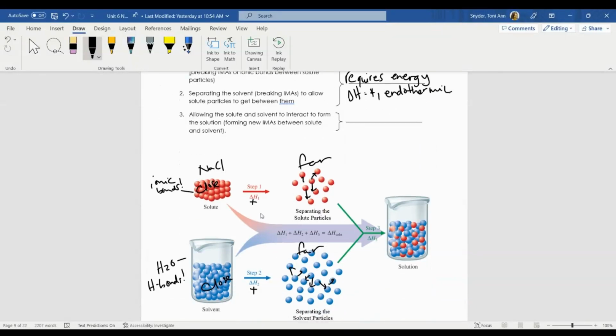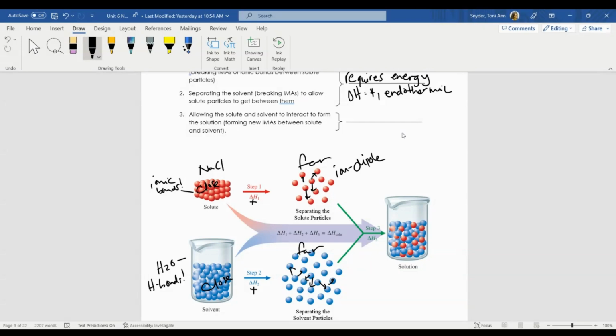On the other hand, that's step 1 and that's step 2. These tend to happen at the same exact time. However, when my solute particles and my solvent particles come together and form new intermolecular forces, let's say if I have water and an ionic solid, they might form ion dipole bonds, or intermolecular forces, in between them.